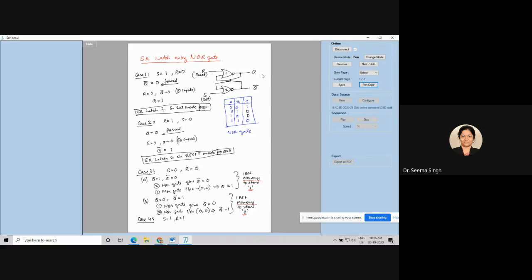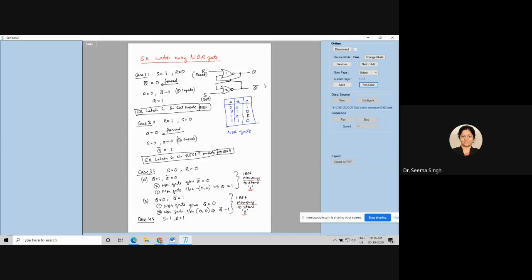So when S and R both are 1, both the NOR gates will try to force the output to become 0 and 0. Both outputs as 0 and 0 is prohibited. It is not allowed. Why is it not allowed? Because the circuit says that it has to be in a complement state.